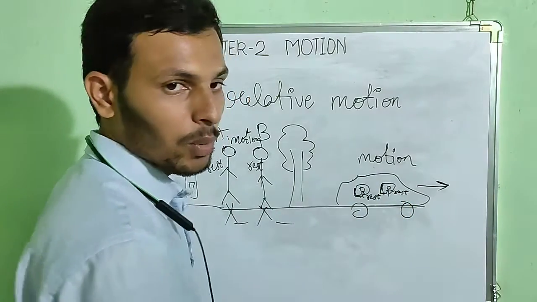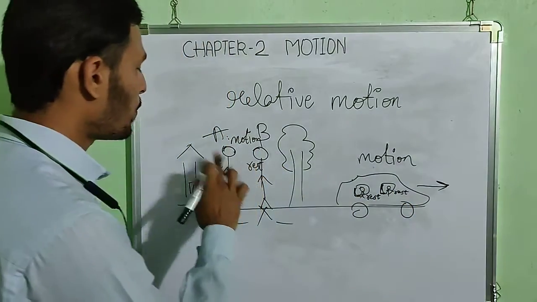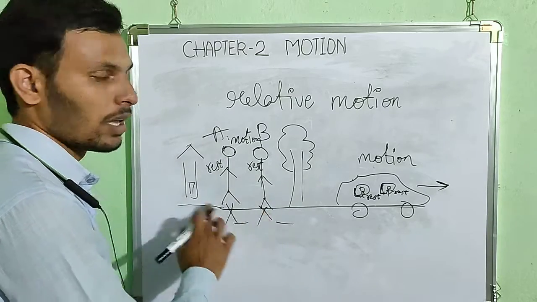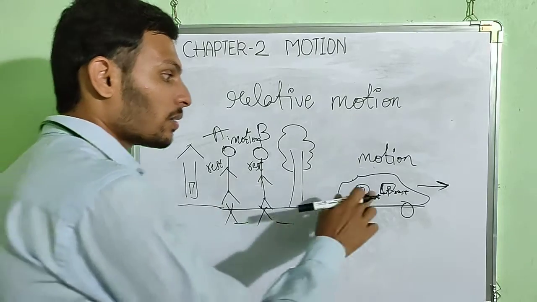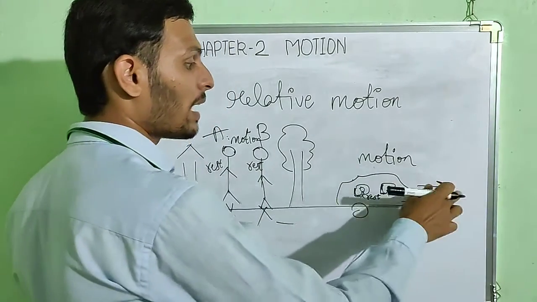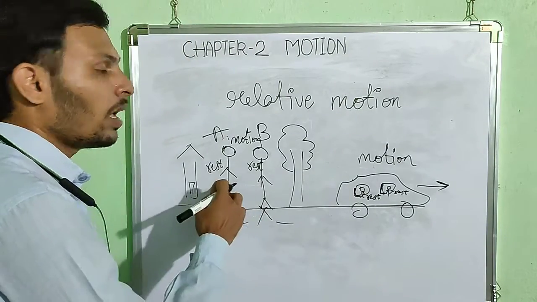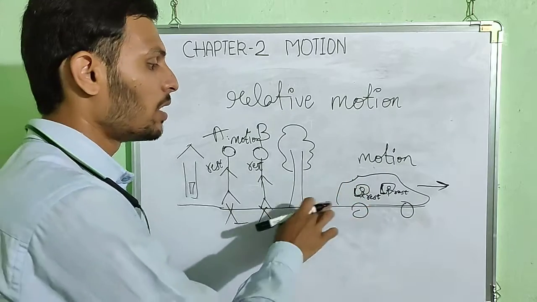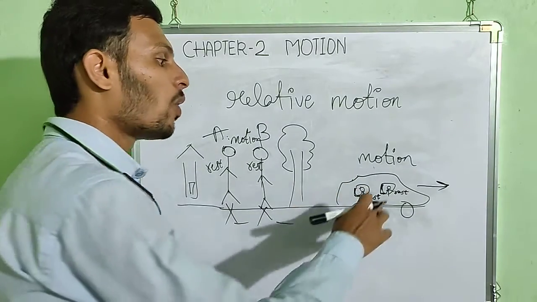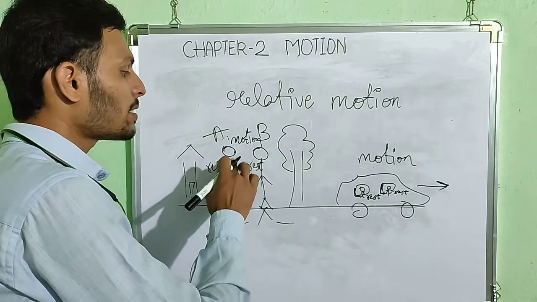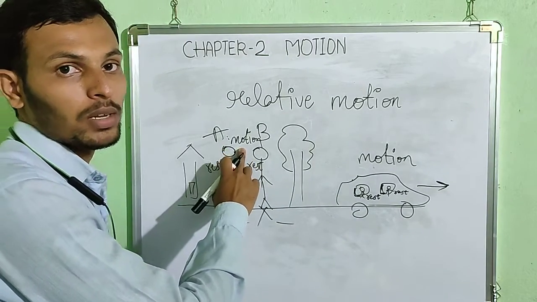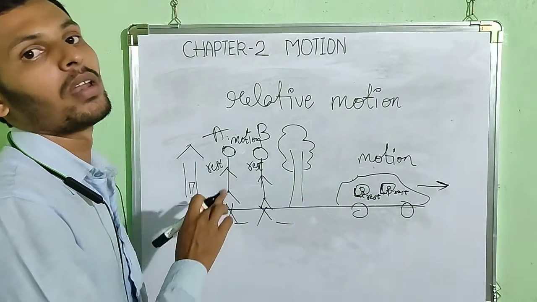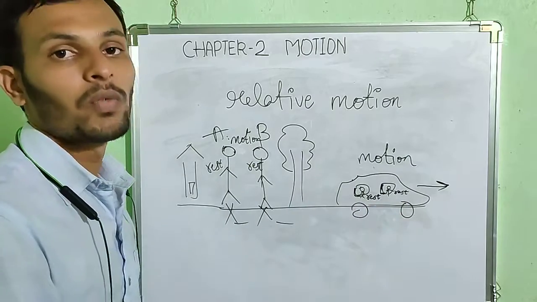My observer is the driver over here. The driver is watching a person A who is standing at rest, but the car is moving, so the distance will go on increasing. So according to him, A will appear in a state of motion. Though he is standing, according to the observer he will be in motion because the car is moving forward.